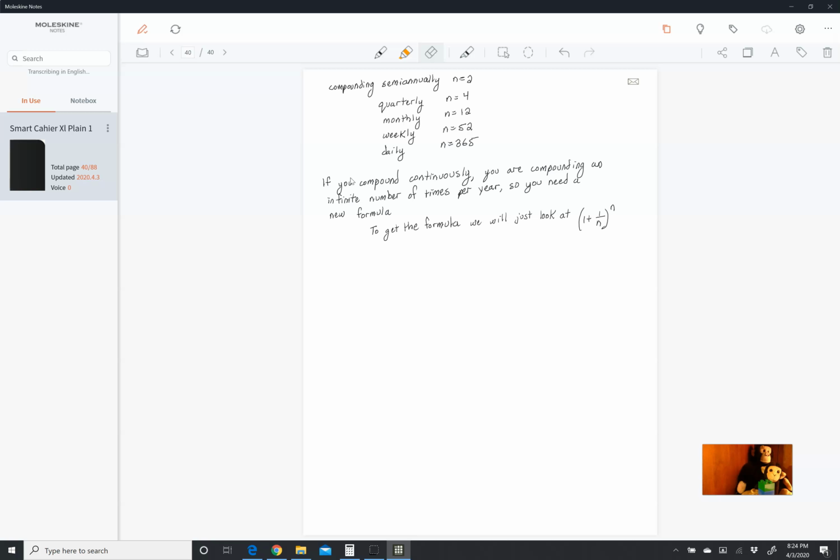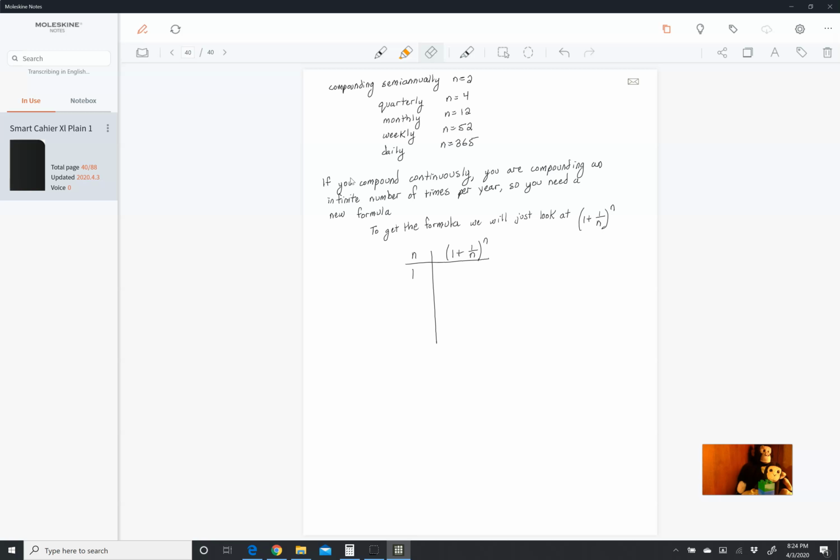Look at this, 1 plus 1 over n, to the n. So we're going to create a table, and we're just going to plug in different values for n.